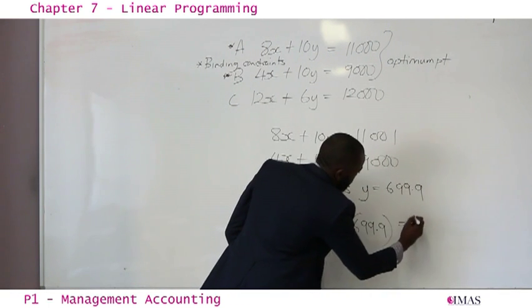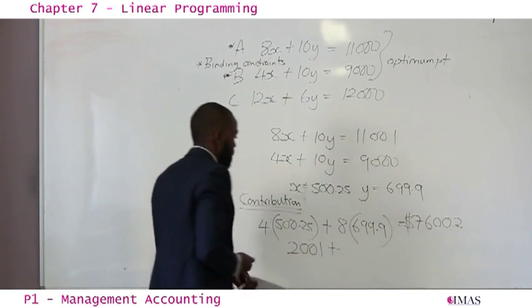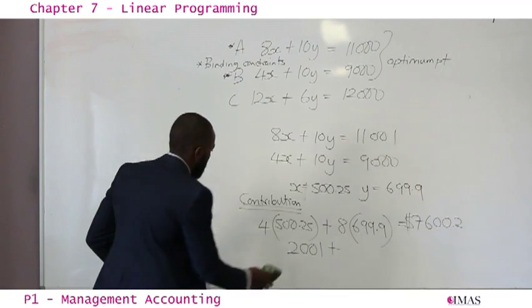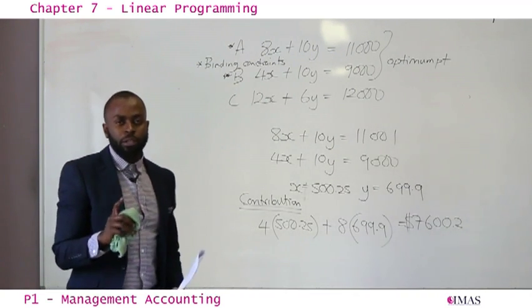So our final answer will be 7,600.2. That will be the new contribution if we have one more hour in Department A.